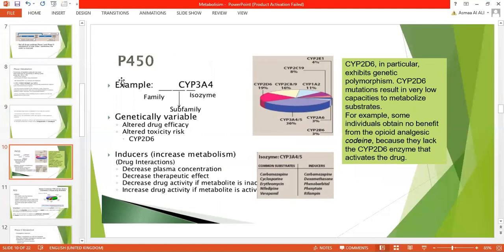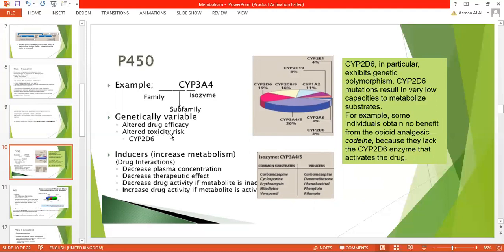Cytochrome P450 is genetically variable. There are genetic variations in the cytochrome P450, so the activity may alter a drug's efficacy and the risk of adverse events or toxicity.